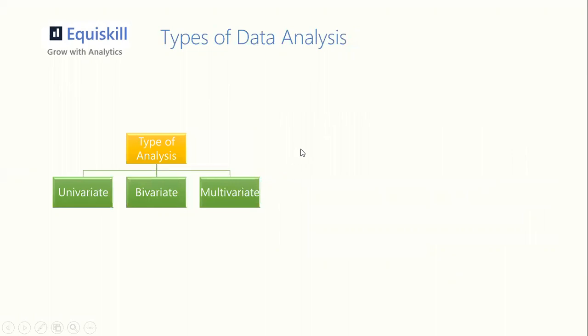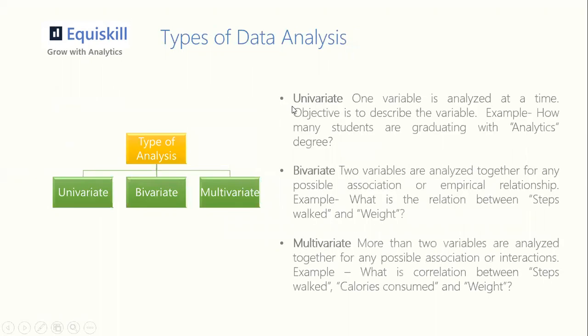In terms of the types of data analysis, one popular classification is uni, bi, and multivariate analysis. Quite simply put, a univariate analysis is when you analyze one variable at a time. For example, how many students are graduating with an analytics degree?